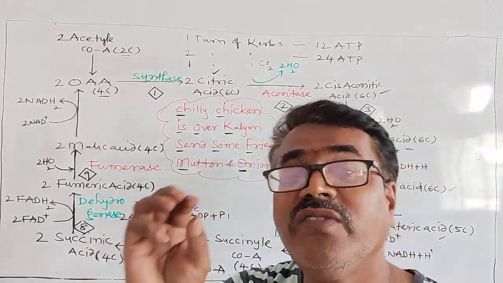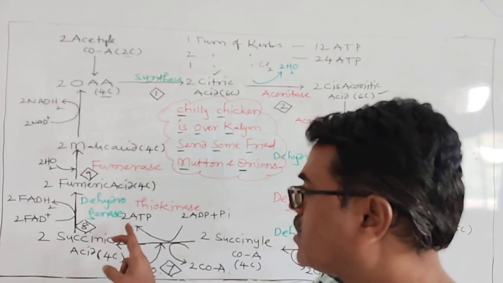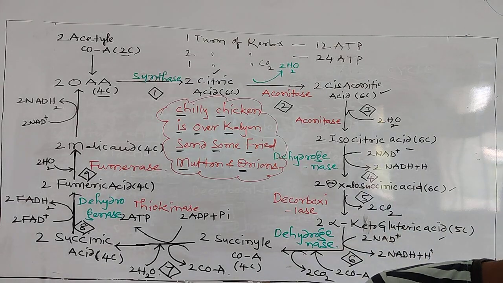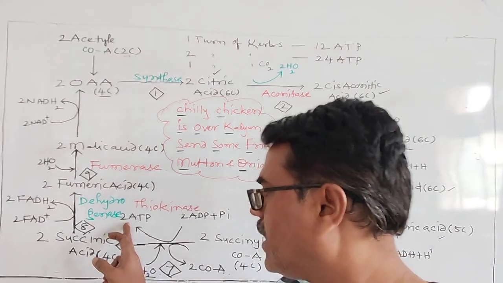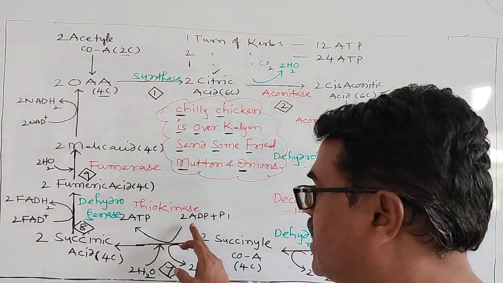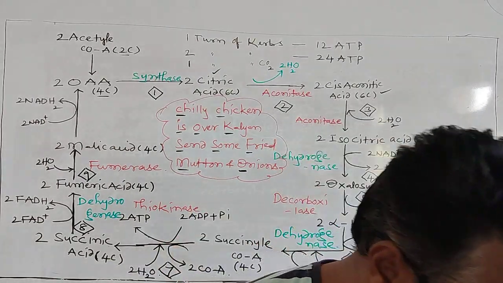How many ATP are produced in the Krebs cycle? 2 ATP are produced. How much ADP is required in the Krebs cycle? 2 ADP are required.